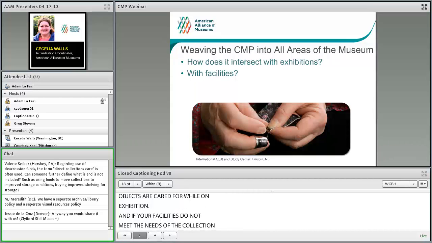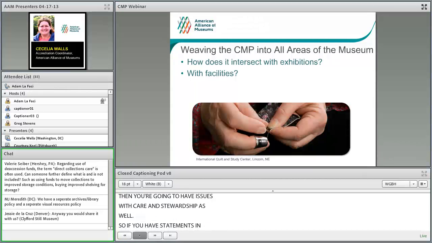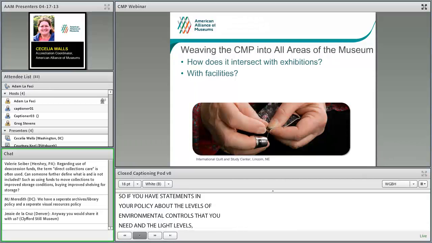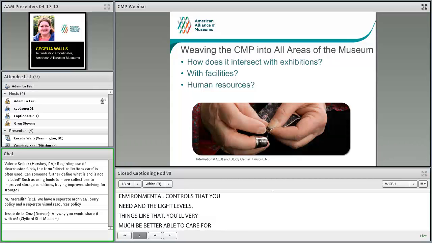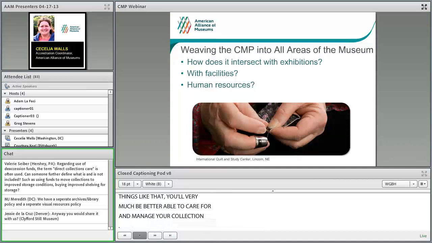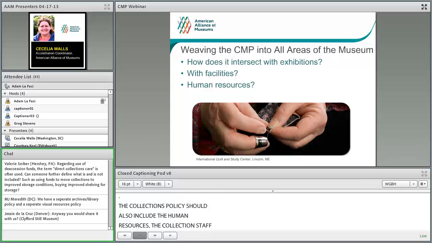So if you have statements in your policy about the levels of environmental controls that you need and the light levels, things like that, you'll very much be better able to care for and manage your collections. The collections policy also should include those human resources, the collection staff, but not just the collection staff, the curatorial staff or the financial management staff.